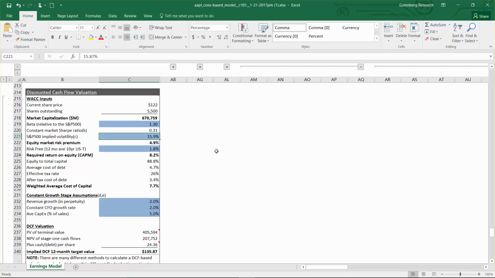So I'm going to change this to, well, I'll change it to 17%. And you can see share valuation dropped from about 135 to 129 just with that one little change, and the equity risk premium jumped too. So before we were at about 4.9% equity risk premium. Now it goes to 5.2, and share value came down by $5 a share.